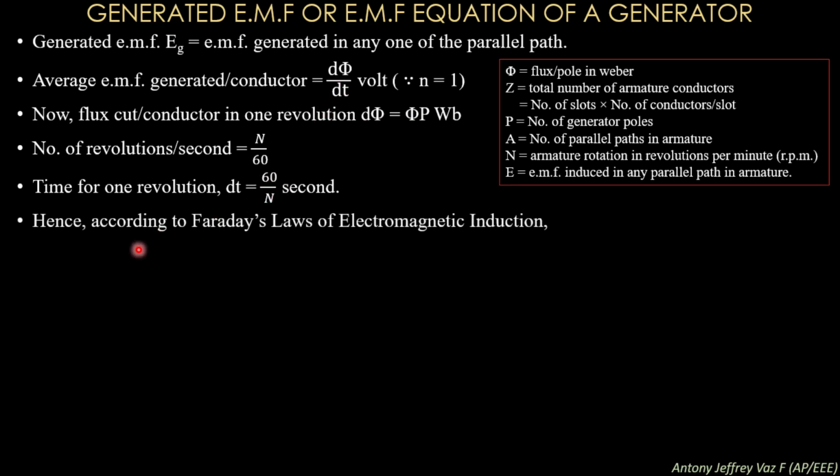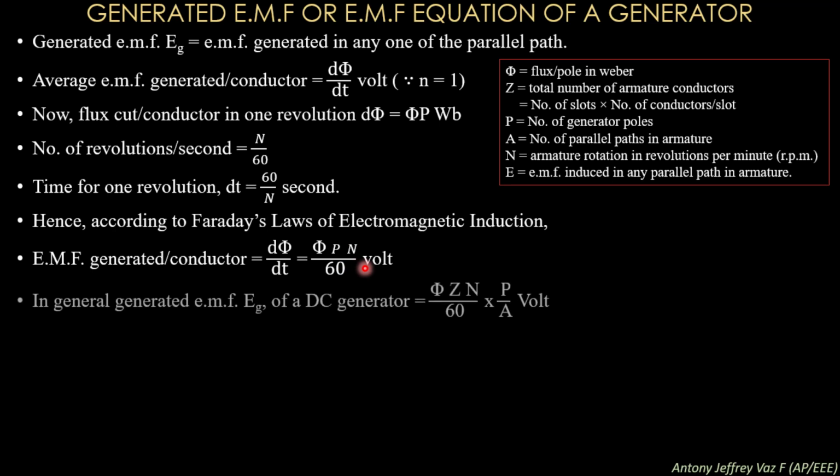According to Faraday's law of electromagnetic induction, the EMF generated per conductor is dφ divided by dt. Here dφ is φP webers, and dt is 60 divided by N, so you get φPN divided by 60 volts.